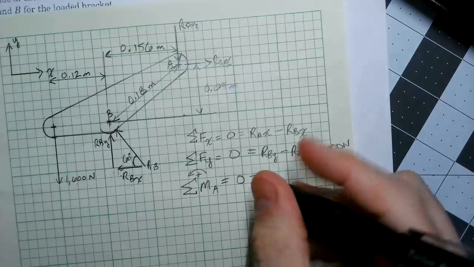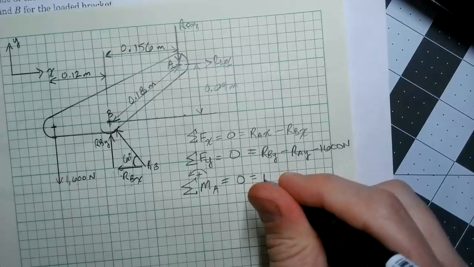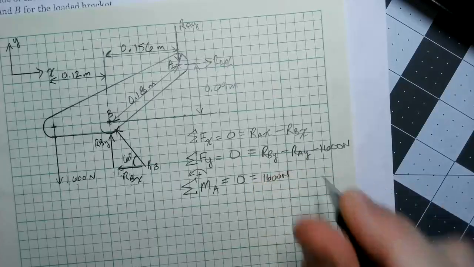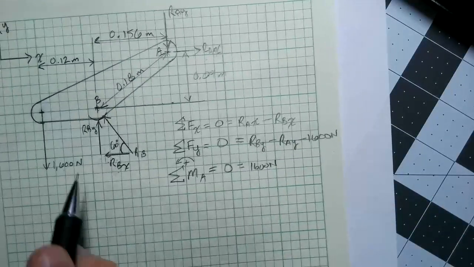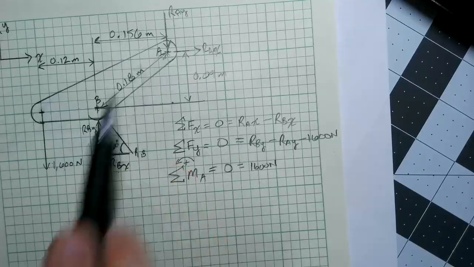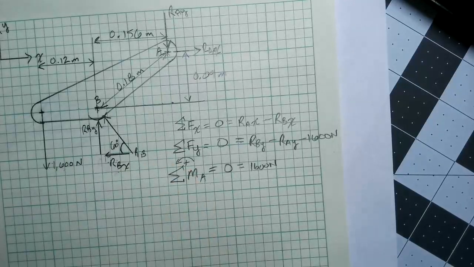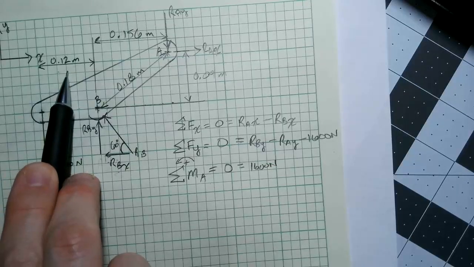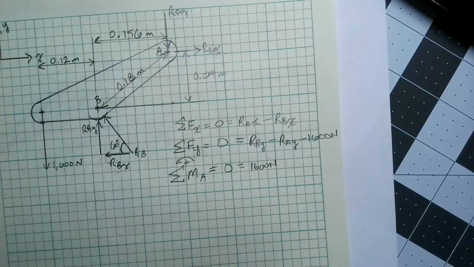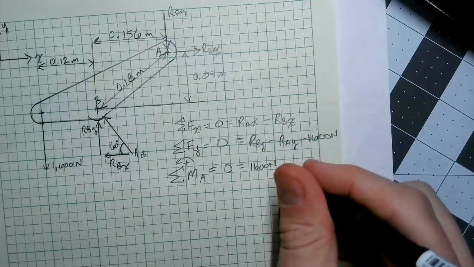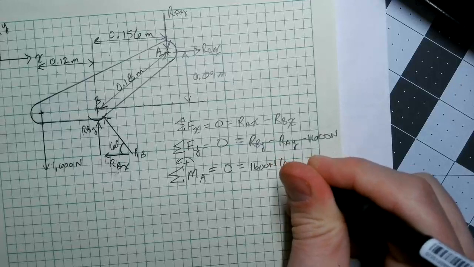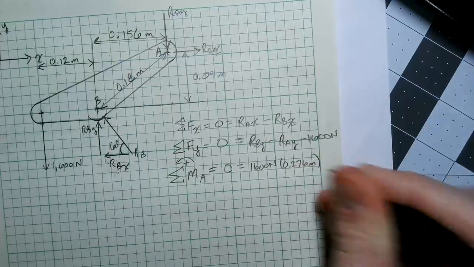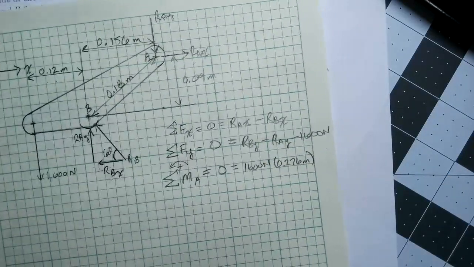So 1600 newtons, multiplied by the distance from point A, which we know is 0.12 plus 0.156. That is 0.276 meters. So times 0.276 meters.